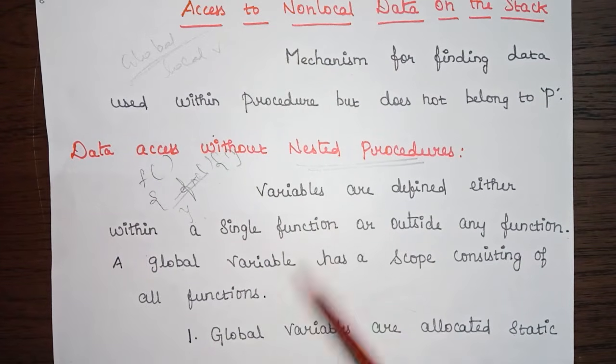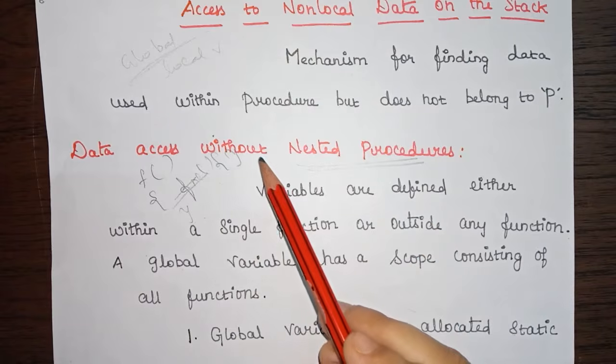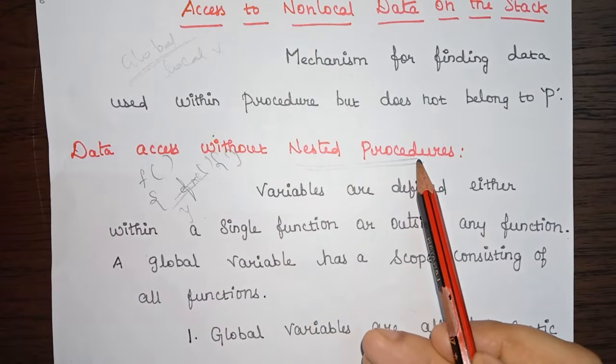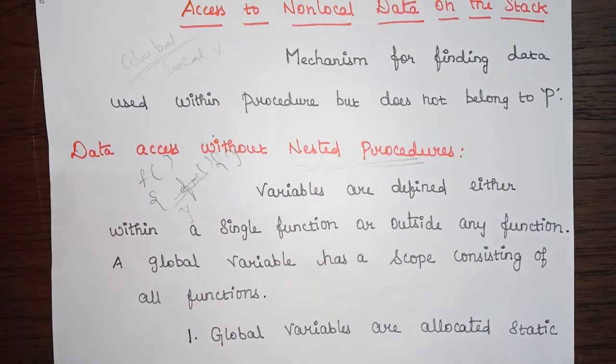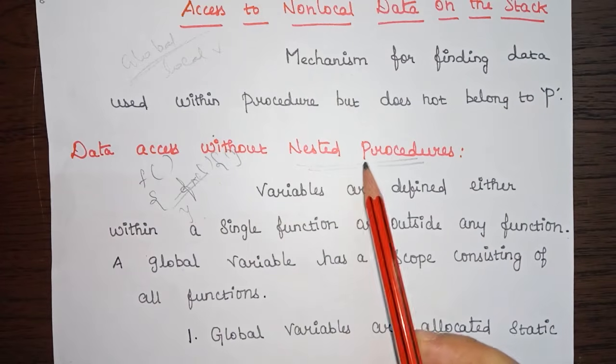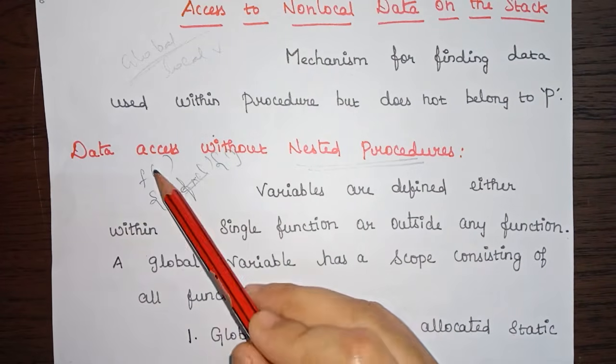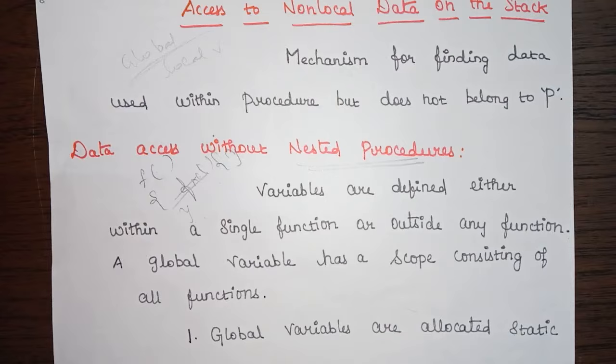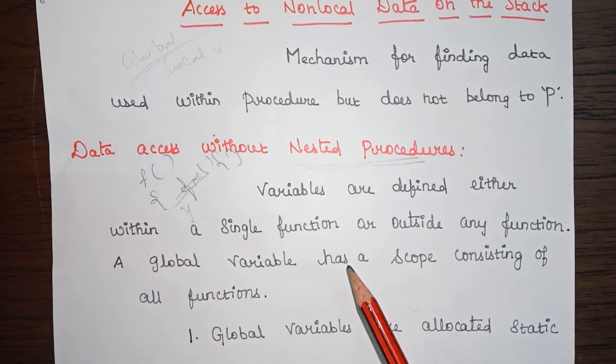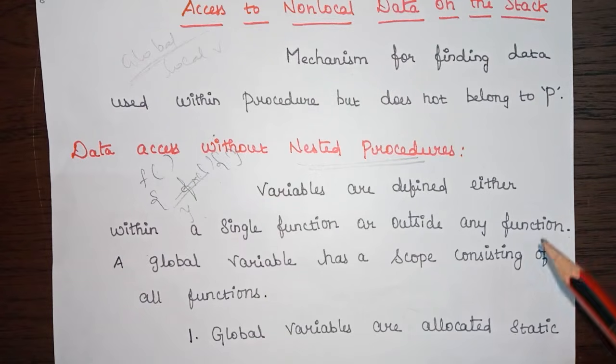So here we are going to take an example that doesn't contain a nested procedure, that means a normal C program which doesn't contain any procedure inside another procedure. Here the variables are defined either within a single function or outside any function. A variable declared outside the function is called a global variable.